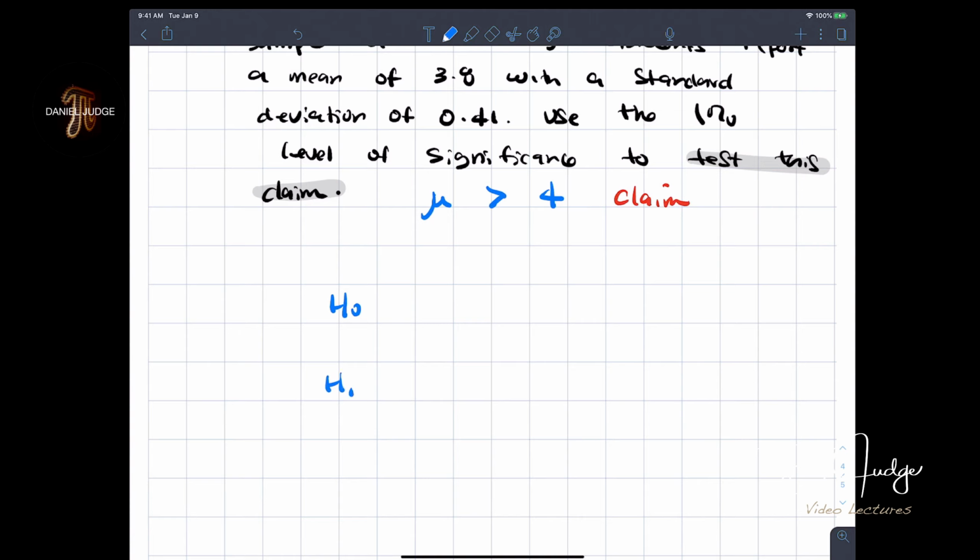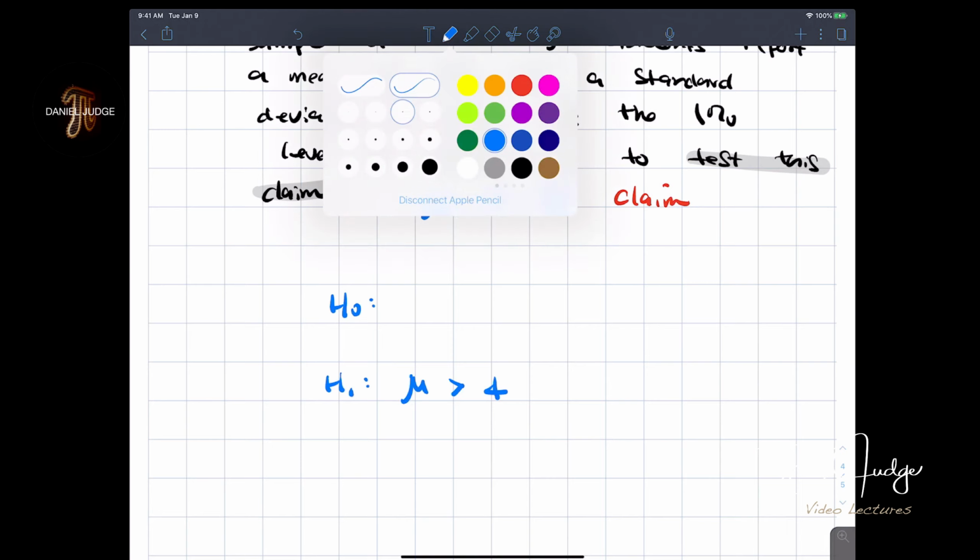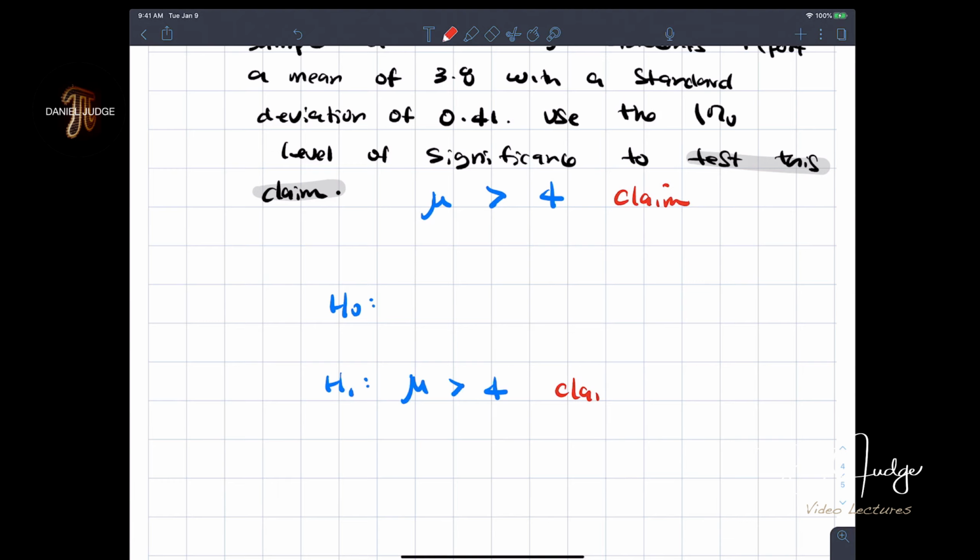So when I start to set this up, I have to know, did Snodgrass make an alternate hypothesis? Did Snodgrass make a null hypothesis? What kind of hypothesis claim did Snodgrass make? What do we know? This mu is greater than 4. That's an alternate hypothesis because it lacks a condition of equality.